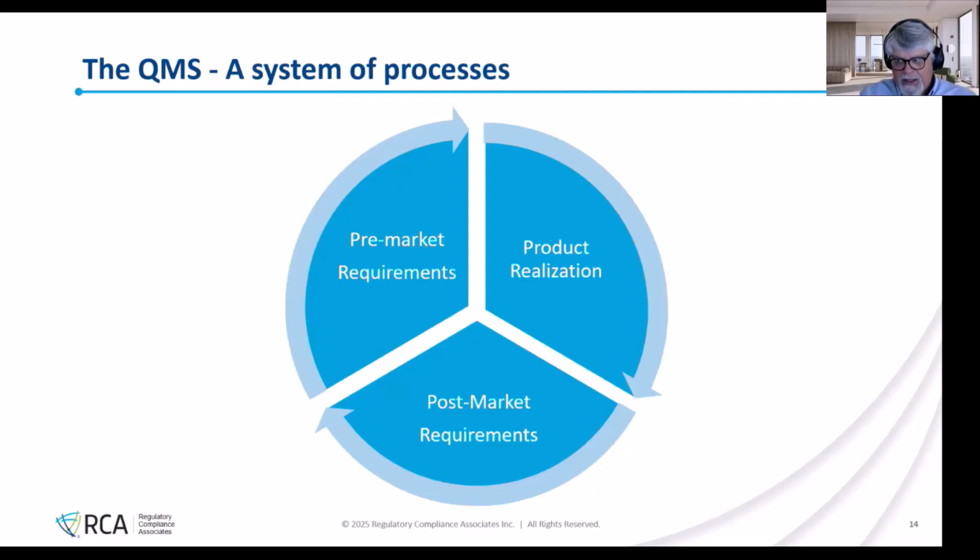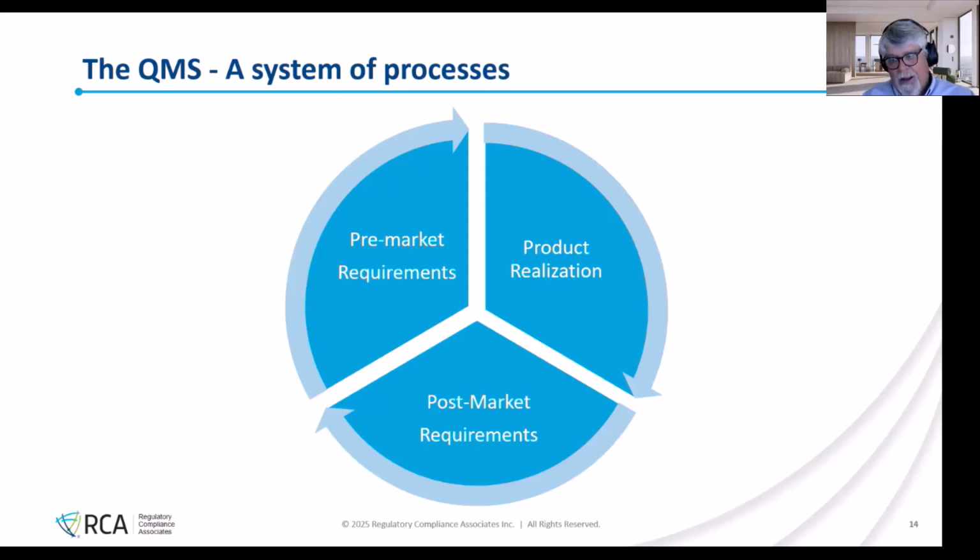And we'll have a list of what those processes look like. Then there is the product realization or manufacturing or operations. We're building the product. And then we sell the product. We have the post-market requirements, that we have to keep an eye on the product, making sure that it's still safe for intended use and has effective performance. So the quality management system governs these three major areas: pre-market requirements, product realization, and post-market requirements.